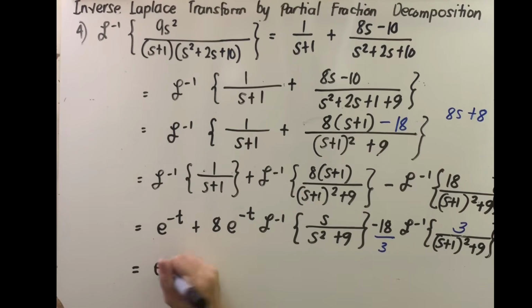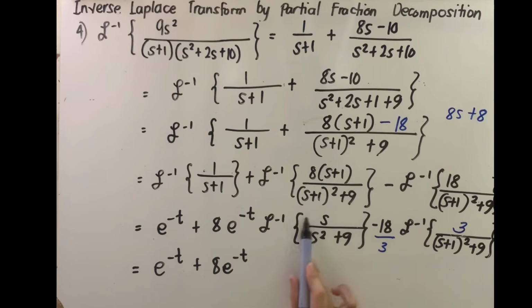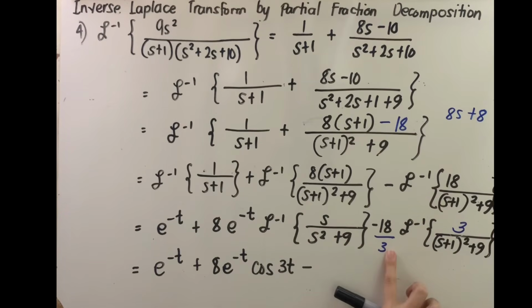And the answer will be e raised to negative t plus 8 e raised to negative t. And then again, sabi nga natin, this will fall under cosine kt. So, that would be cosine, where k is the square root of 9, and that's 3t. Okay, minus, simplifying 18 divided by 3, that would be 6. And of course, ito, pinattern natin under sine kt.